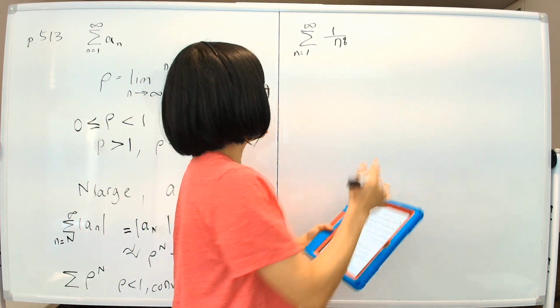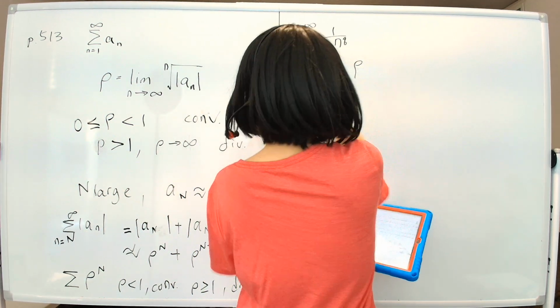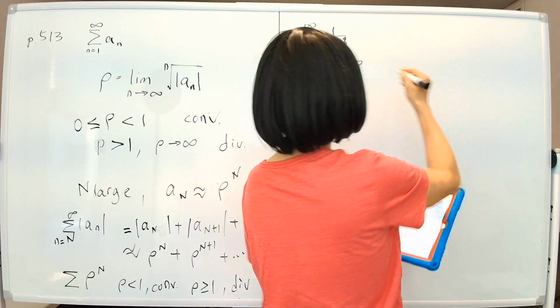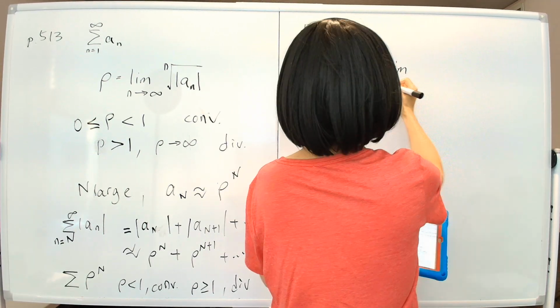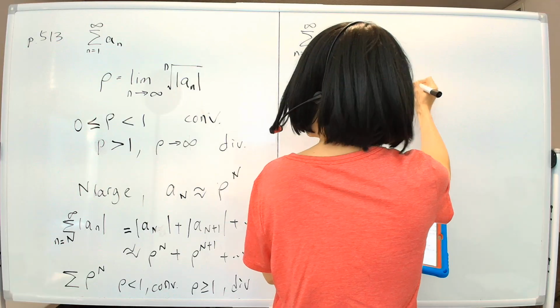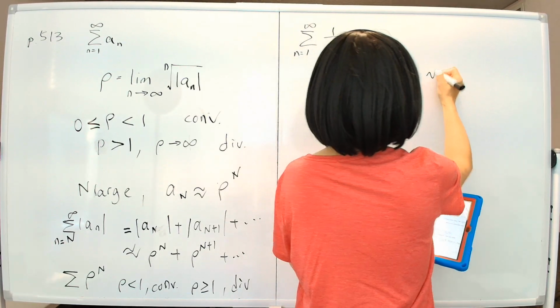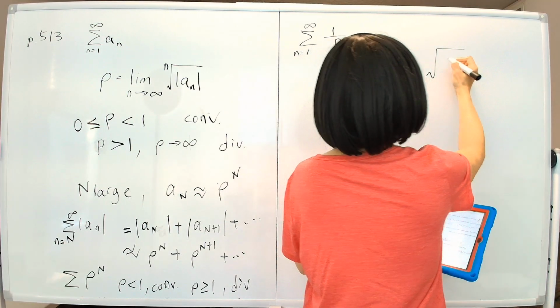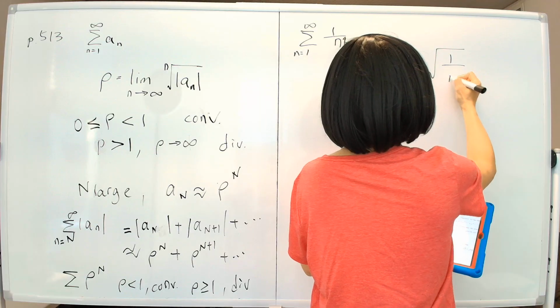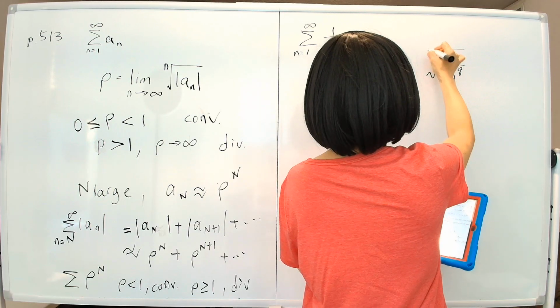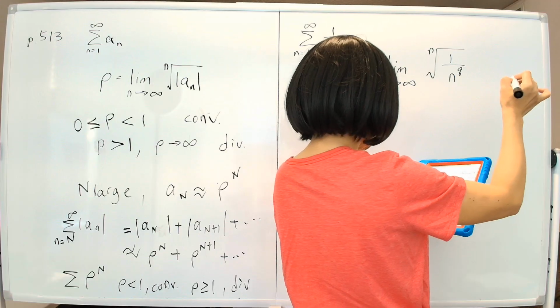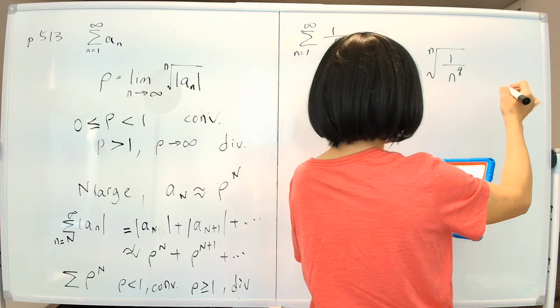So then the rho, by definition, equals the limit as n goes to infinity of the nth root of the p-series term, which is 1 over n to the power q, and this is the power 1 over n.